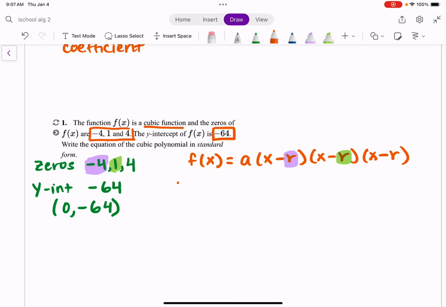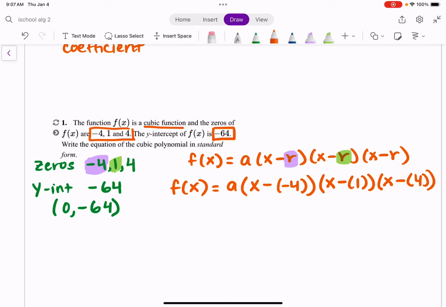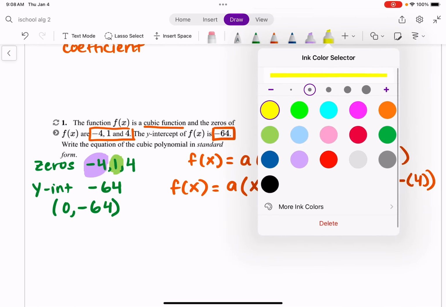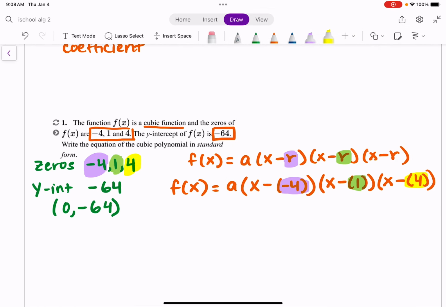So I'm going to have f of x equals a, x minus -4, x minus 1, and x minus 4. All I've done is substitute in the zeros for the r's. I'll just highlight this as well so that you understand, right?